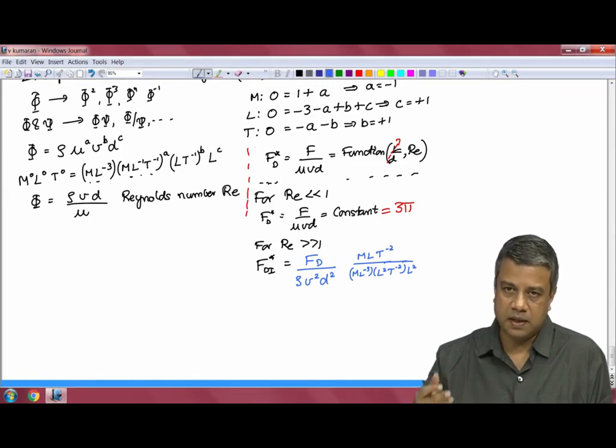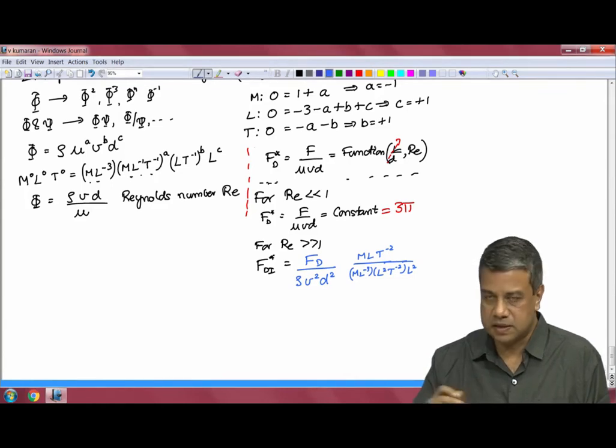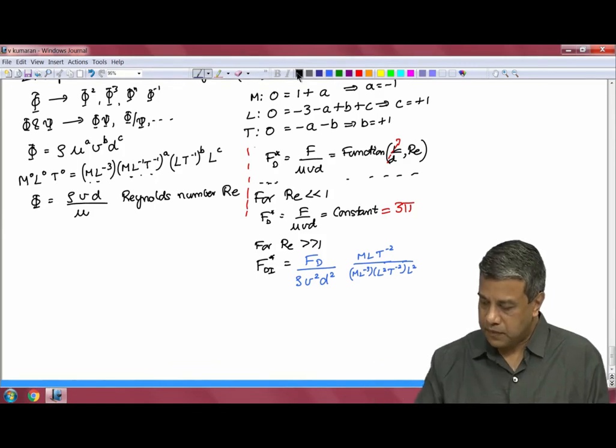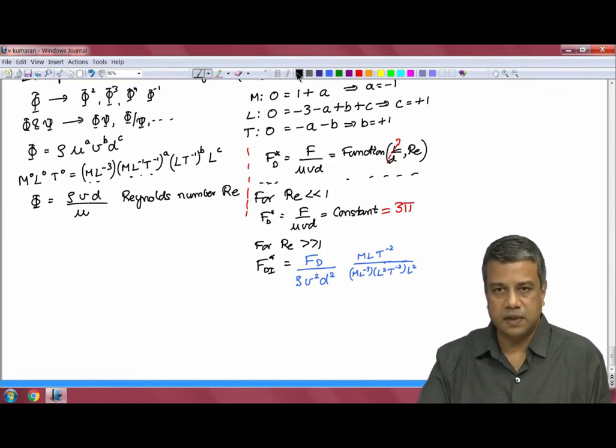You can do it by having unknown exponents and then getting the equations, but since this is straightforward, I already know the answer. So, this will be the drag force as defined based on inertial effects. And you would expect that this has to be a constant if viscosity is not important. The Reynolds number is large, viscosity is not important, then this would be a constant.